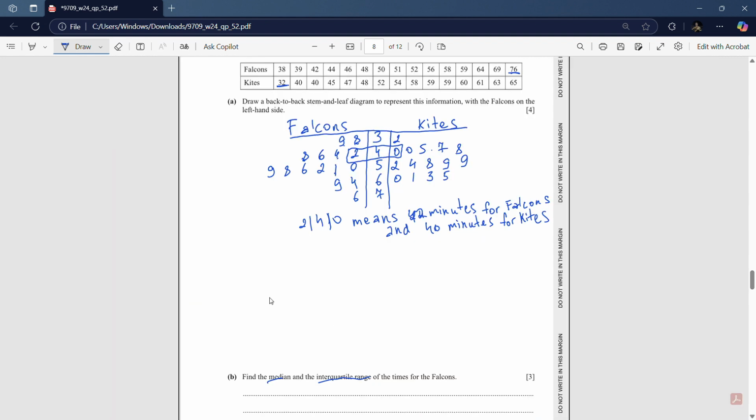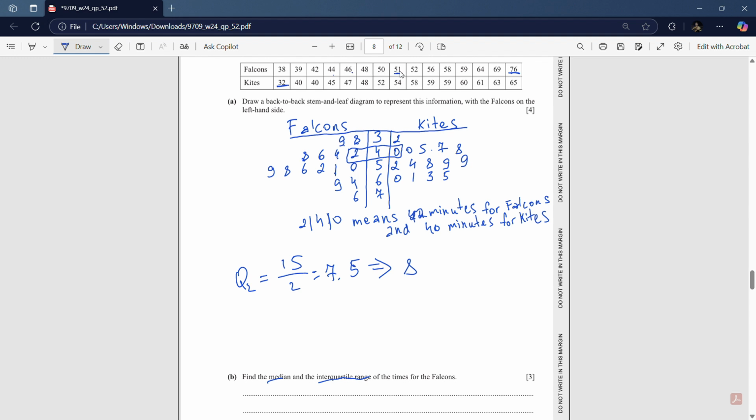So I'll be solving part B of the question under our diagram, so it will be easier. Here we have to find the median. We had 15 runners, so we have 7.5, which means we should be looking for the eighth. Here we can see 1, 2, 3, 4, 5, 6, 7, 8.